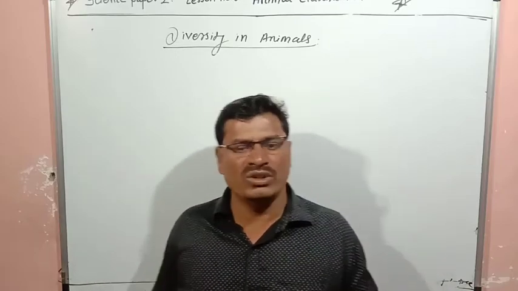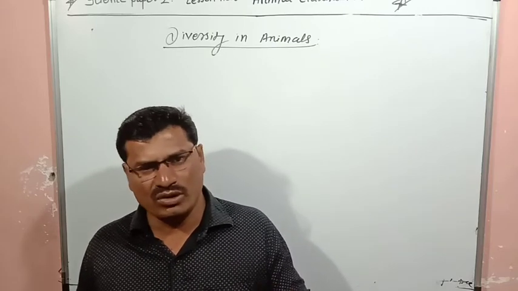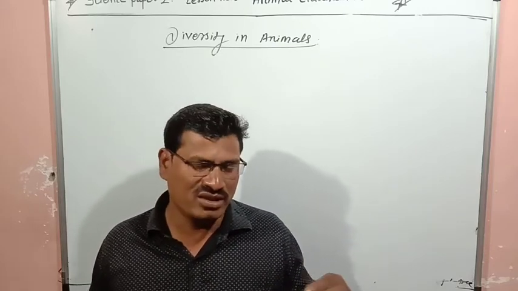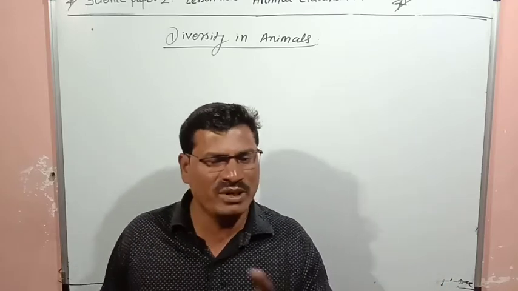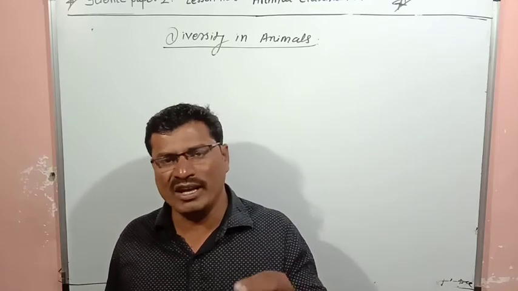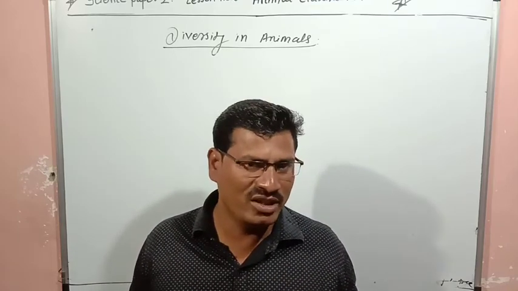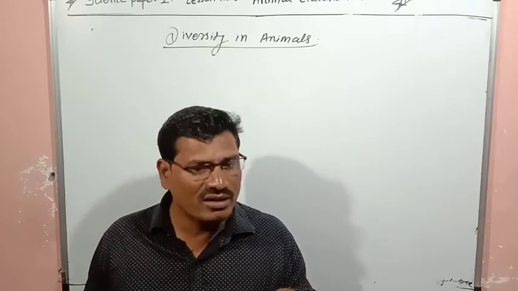According to recent studies, there are approximately 7 million species of animals found on the earth.